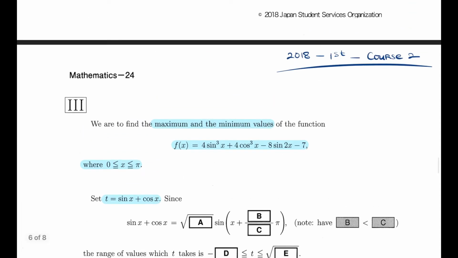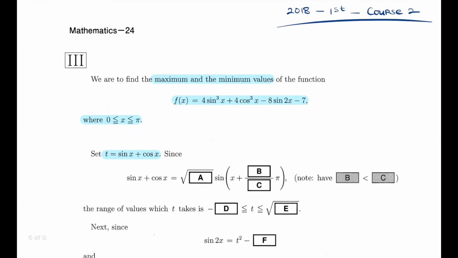So let's say sin x plus cos x equals to r, which I assume as the amplitude, sine x plus alpha, where I assume there is an angle alpha.